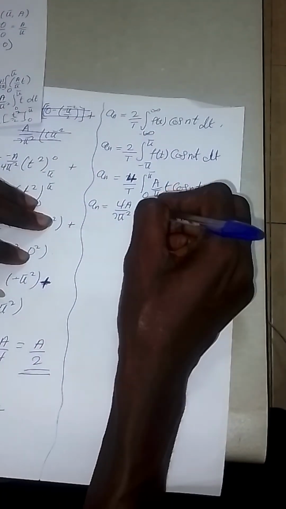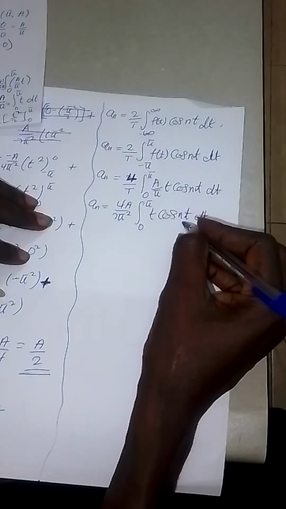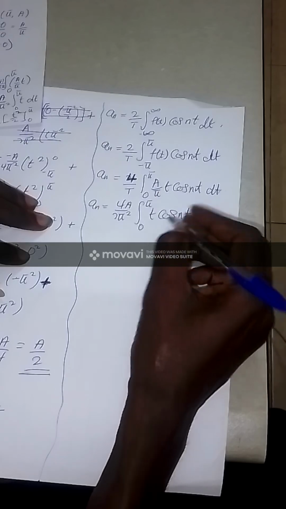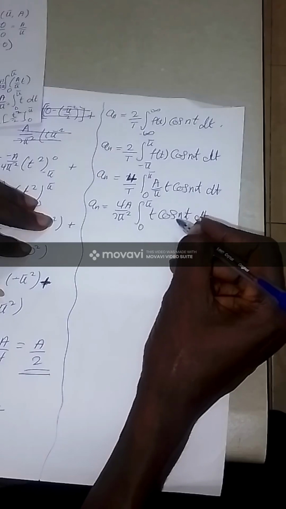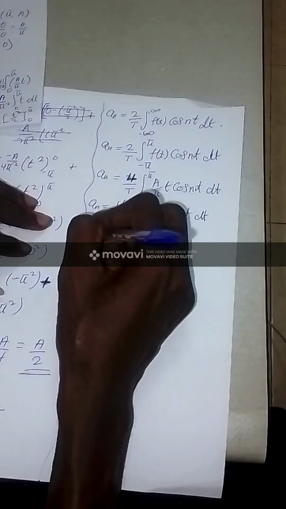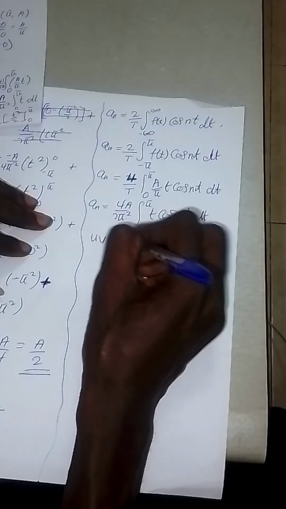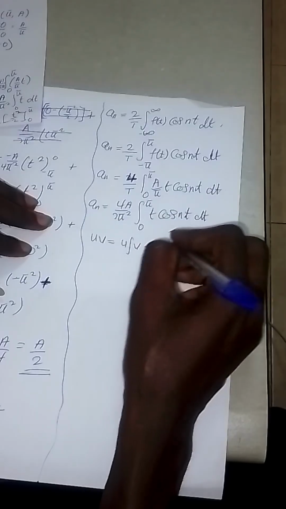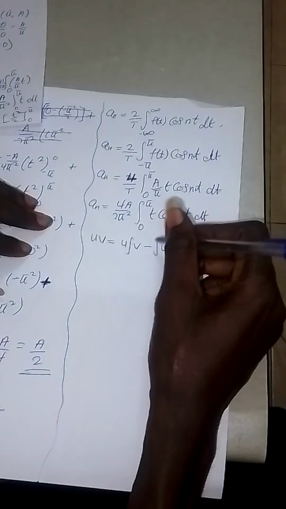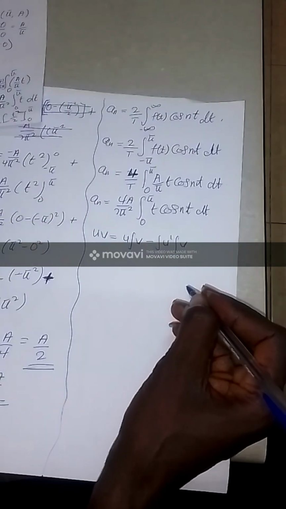Now, here you can simplify this one by using the UV formula of integration, using integration by parts. So with the UV formula here, the integral of UV is equal to U times the integral of V minus the integral of the differentiation of U times the integral of V. This is the formula we have to use.